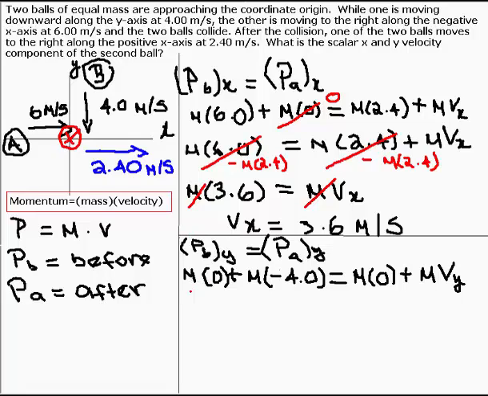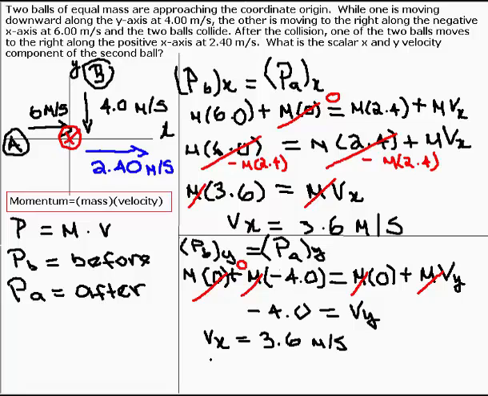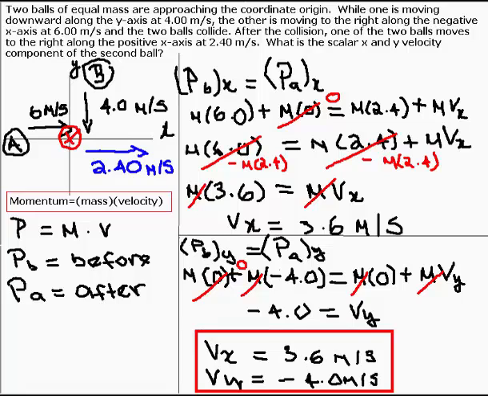So again here, this just becomes 0, and we can cancel out all the m's, and what that leaves us with is -4 is equal to Vy. Therefore, the velocity in the x direction is 3.6 meters per second, and the velocity in the y direction is -4 meters per second.